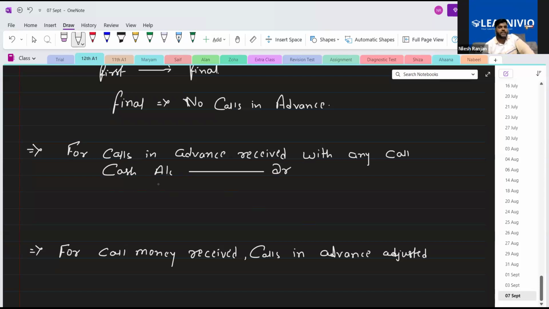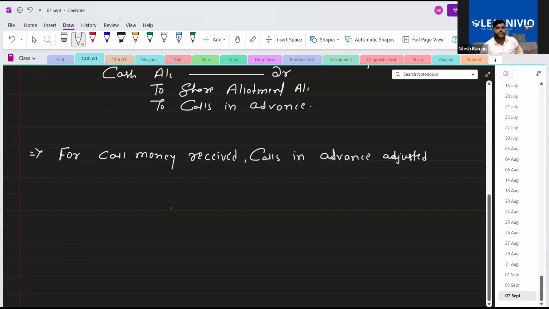Now, calls in advance is a liability here. So cash account debit to any call name you can write, share allotment, and to calls in advance. Now, calls in advance is on the credit side, it is a liability. When it will be adjusted, it will be on the debit side.